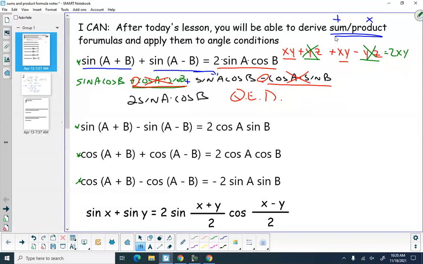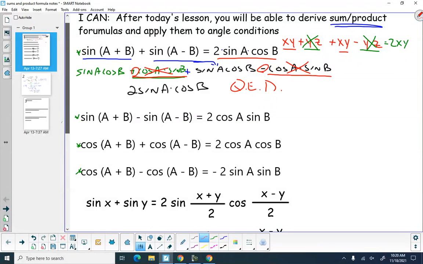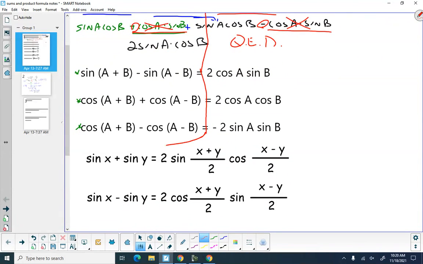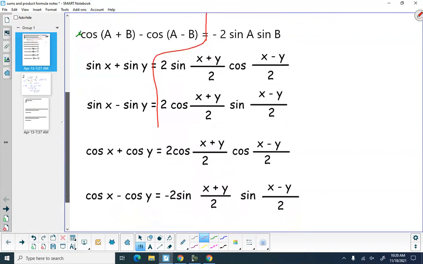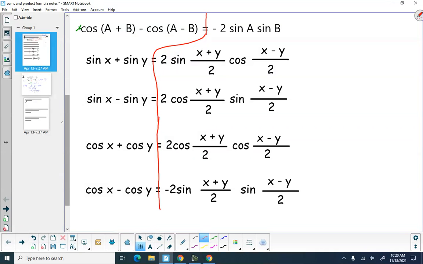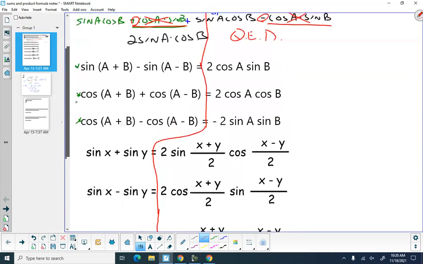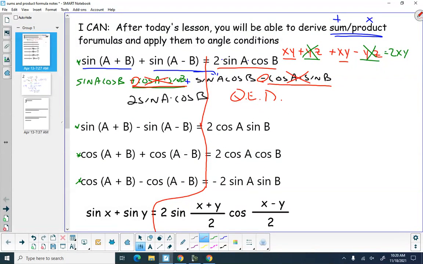Now, if I take a look at what I have here, I have 8 formulas on here. On the right-hand side of all these formulas, what we have is multiplication.